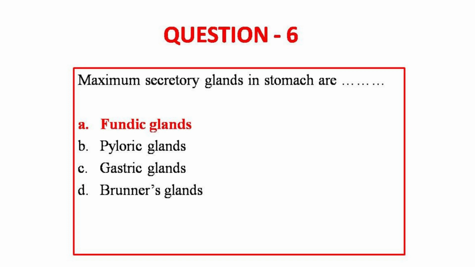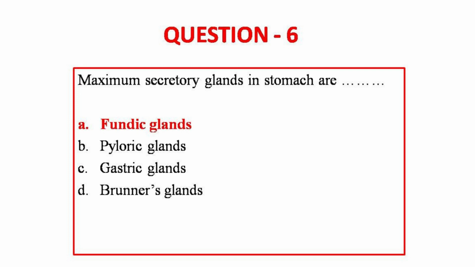The fundic glands are also called as gastric gland proper or main gastric glands. In case they are given an option as gastric gland proper or main gastric glands instead of fundic glands, then you will have to choose either of that. And these are the maximum secretory glands in the stomach.